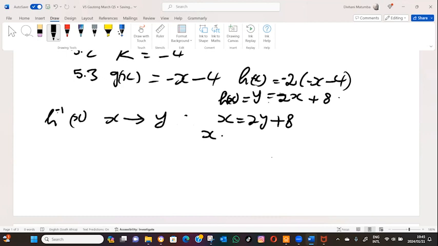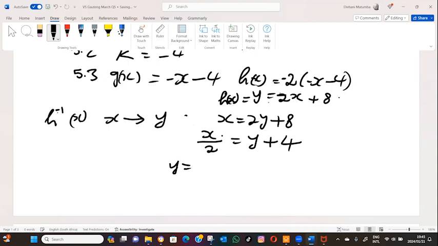This will be now x over 2 equals y plus 4. If you do not agree with me, please raise your hand, then I will make you understand.